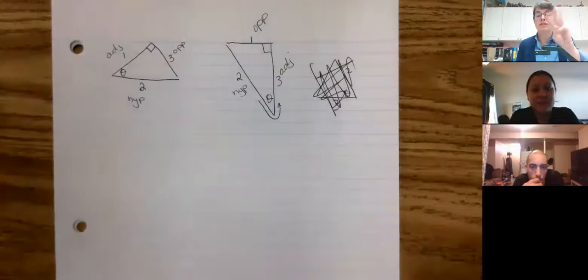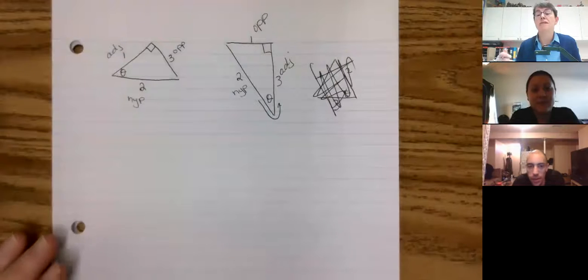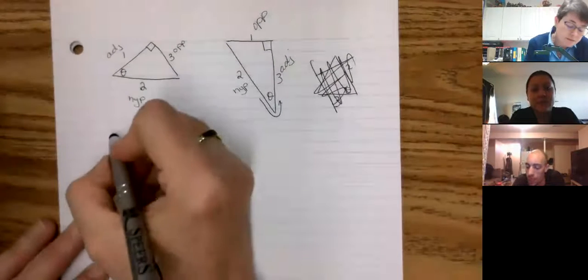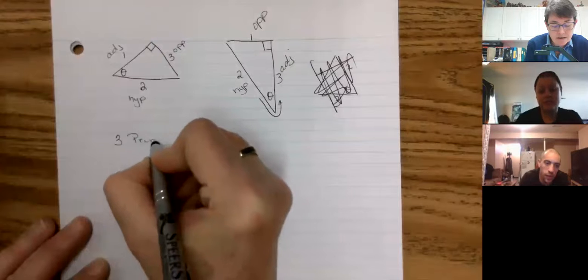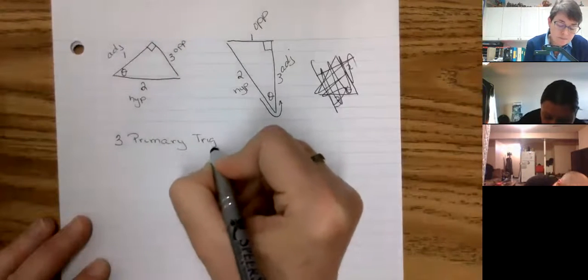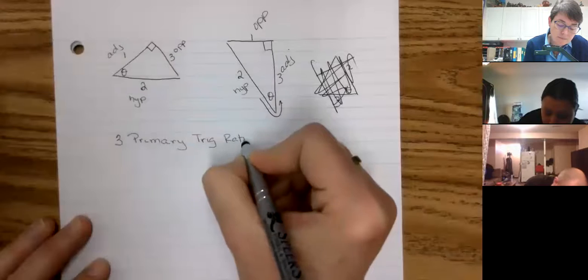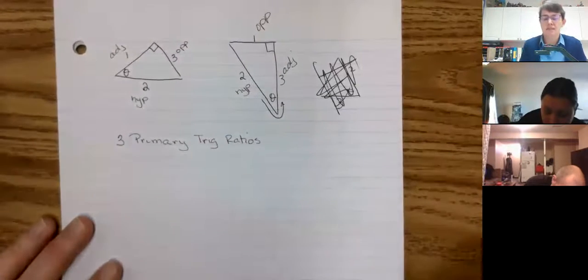There's 3 trig ratios. A ratio, you remember from before, is a comparison of things with the same units. These are called the 3 primary trigonometric ratios, but I'm too lazy to write that.